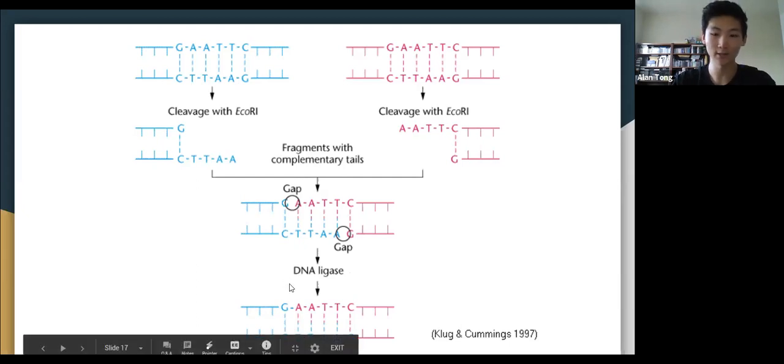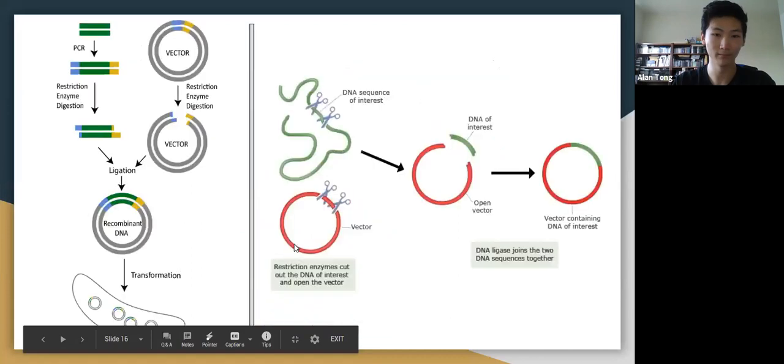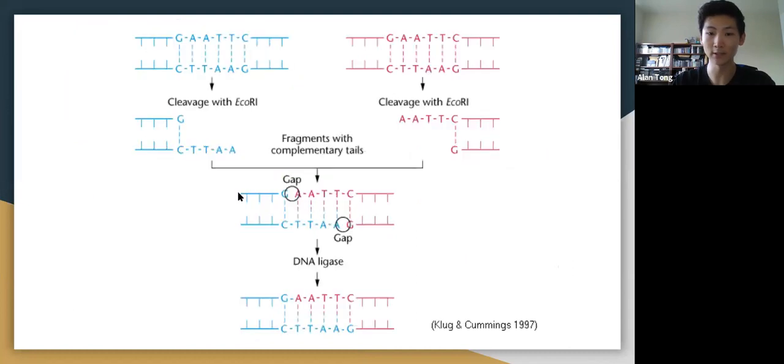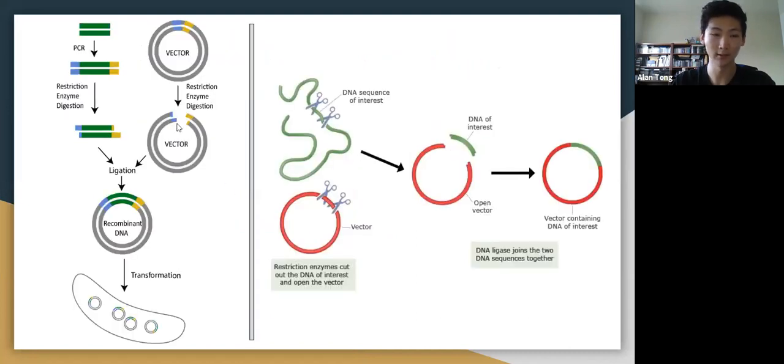Do you guys see a problem with this model here? What's an issue you might encounter? You cut up your DNA, you cut up this plasmid DNA, and let's say, for instance, that you cut using, okay, anyways, regardless, assume you're only using one restriction enzyme.